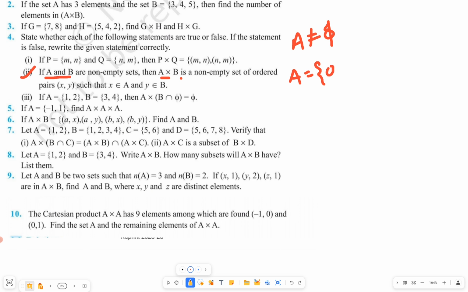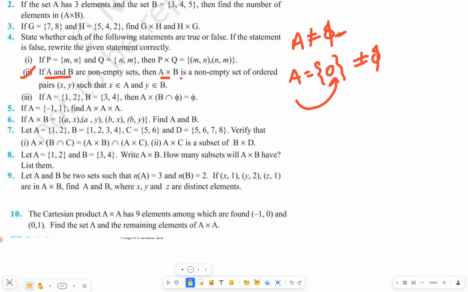If there is one element 0, that is non-empty. Non-empty says this set is not equal to phi, minimum one element.